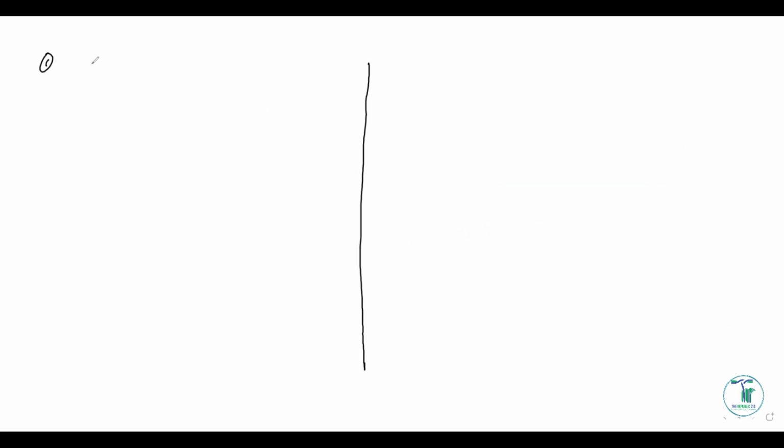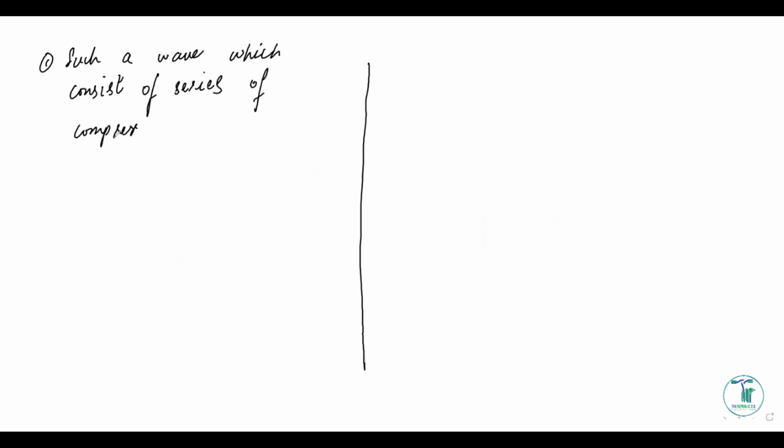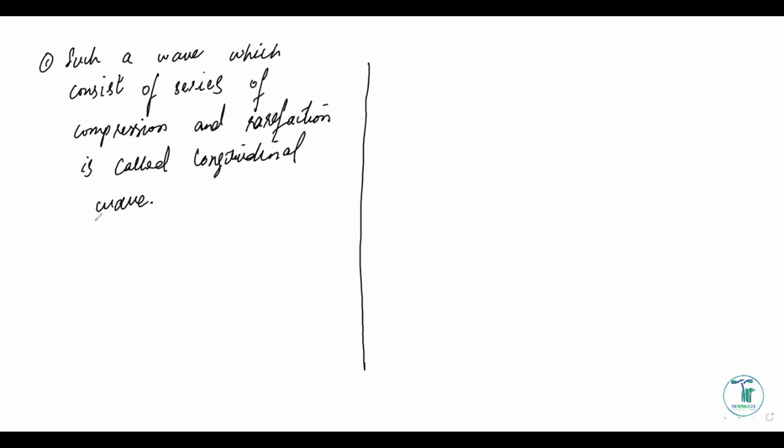Okay? Such a wave which consists of a series of compressions and rarefactions is called, what do you call it? A longitudinal wave. Got it? Such a wave is known as a longitudinal wave.